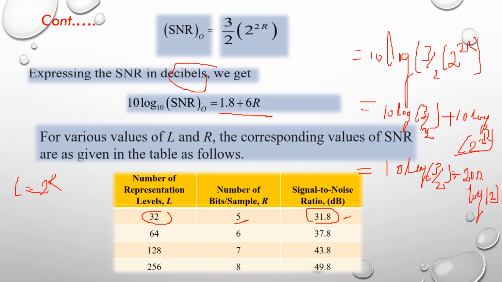For next example, L is equal to 256, R is equal to 8, and the signal to noise ratio is 49.8. So this is the relation between L and R.